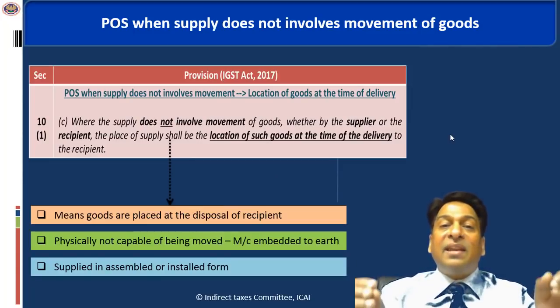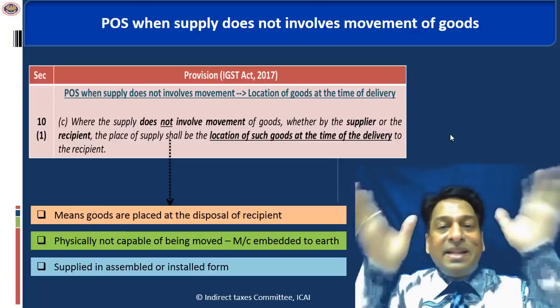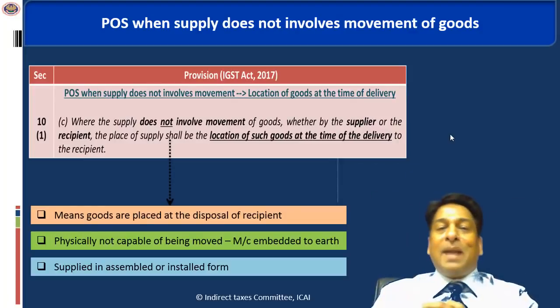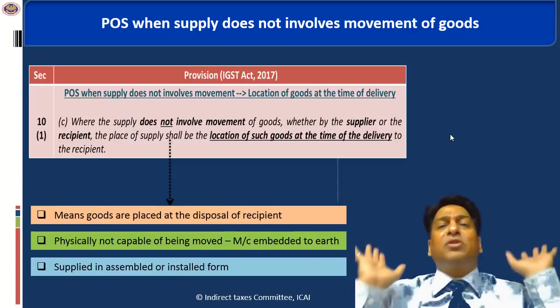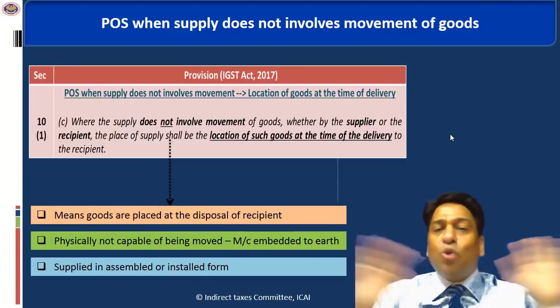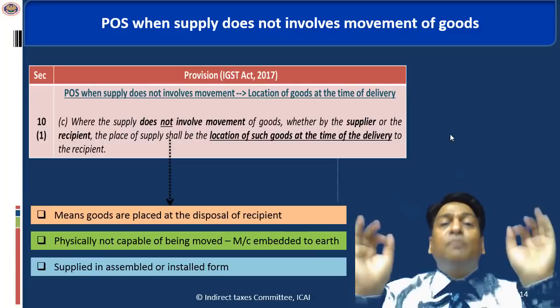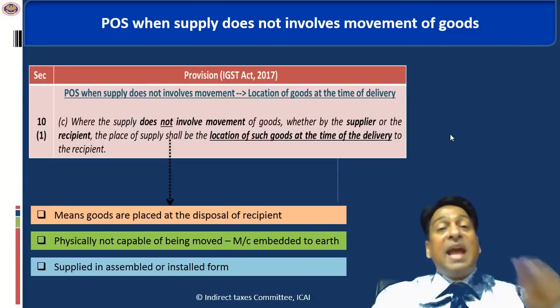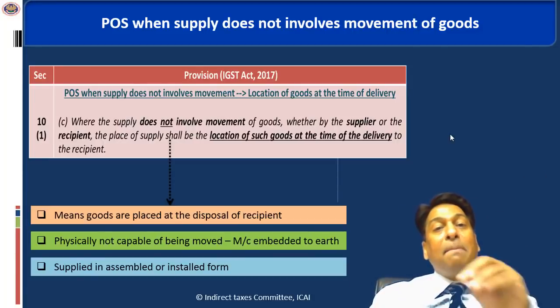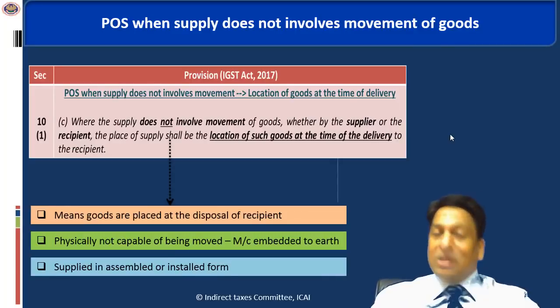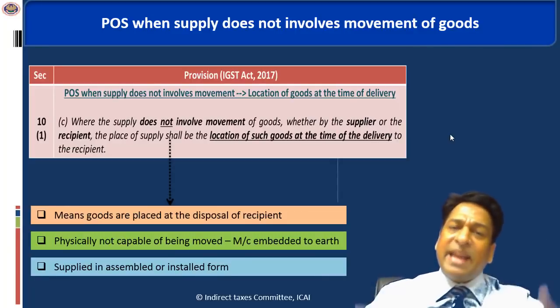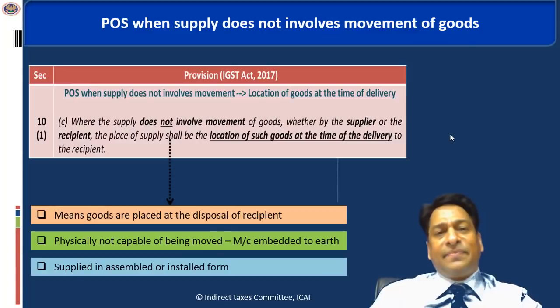Coming now to 10(1)(c). Place of supply when the supply does not involve movement of goods. So there is no involvement of movement of goods, and we have to determine the place of supply. Let's read the provision, then I will say in what cases this provision is going to be applicable.